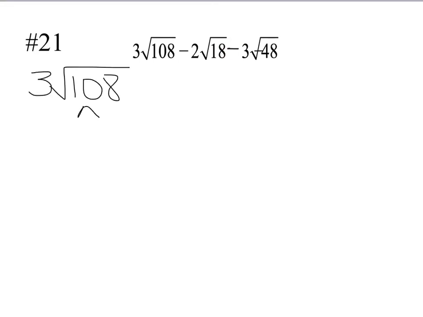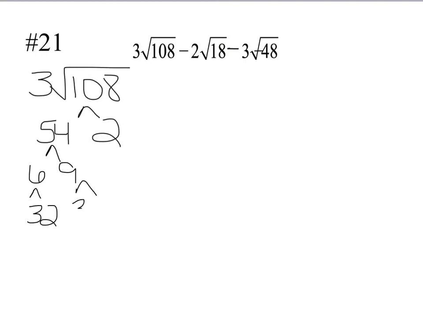All right, so we have 3 square root of 108. So 108 is what times what? Well, it's 54 times 2. And then 54 is 6 times 9. And then 6 is 3 times 2. And 9 is 3 times 3. Cross off what we've already simplified so we don't get confused. All right, don't forget about this 3. And in order to pull stuff outside, I'm going to need 2 of them this time.